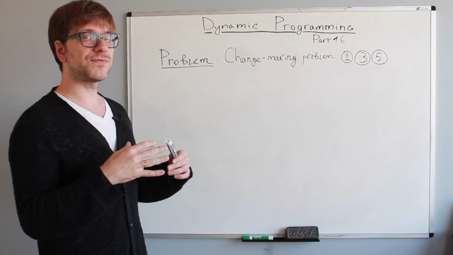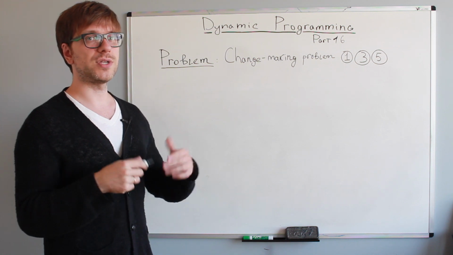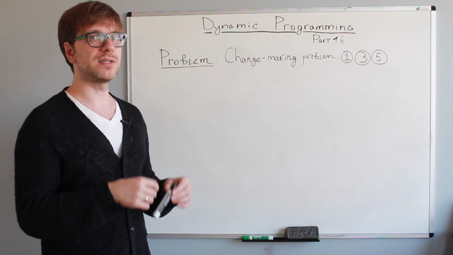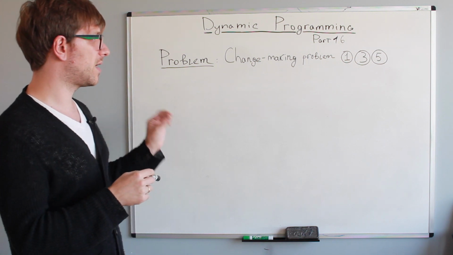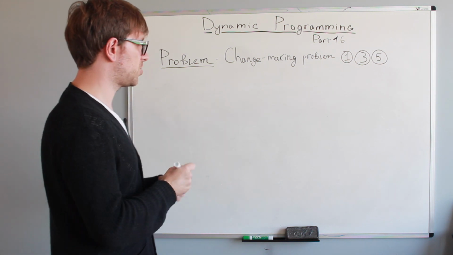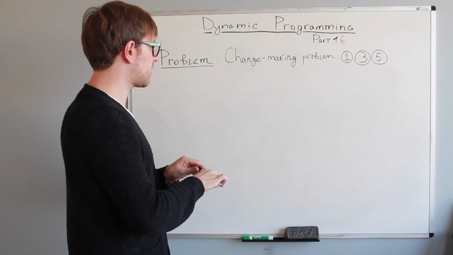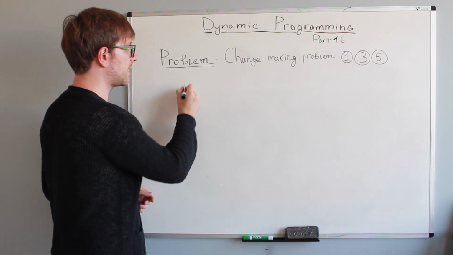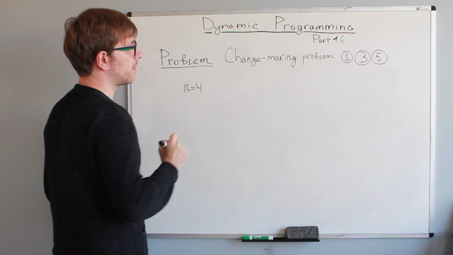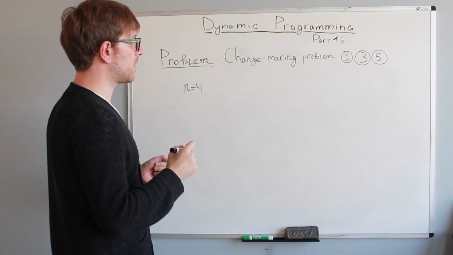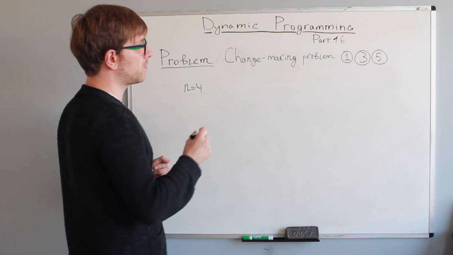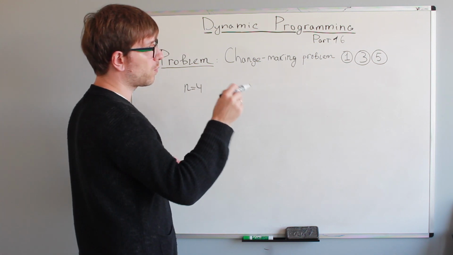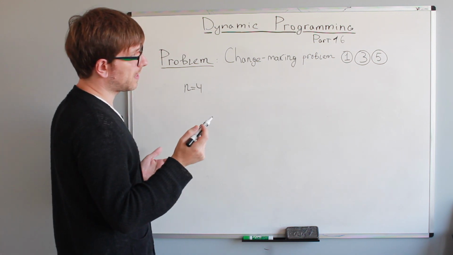In the previous few lectures we were talking about the coin change problem, in which we had to find the total number of ways to make a change, and today we want to find the minimal number of coins to make a change. So let's take a look at a quick example. Let's say n equals 4. In the coin change problem we would try to find the ways to make 4, and that would be 1 3, 1 1 1 1, 3 1, and that's it.